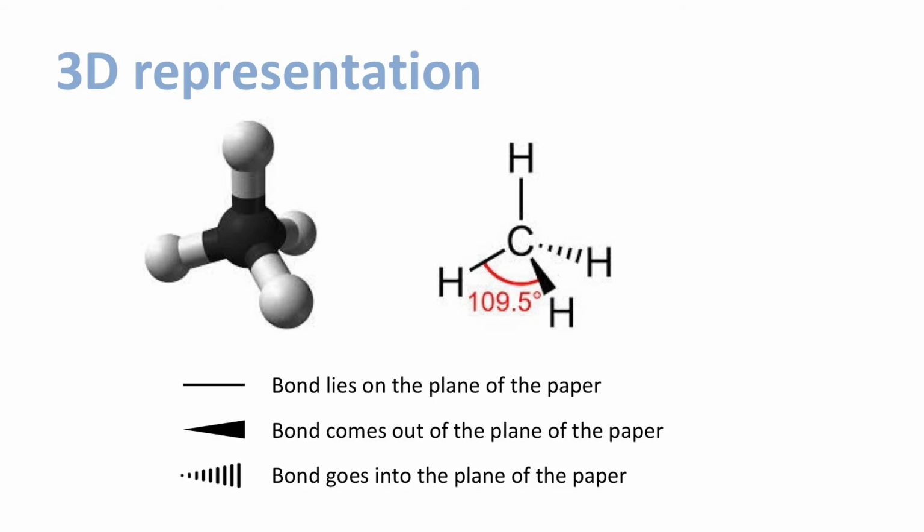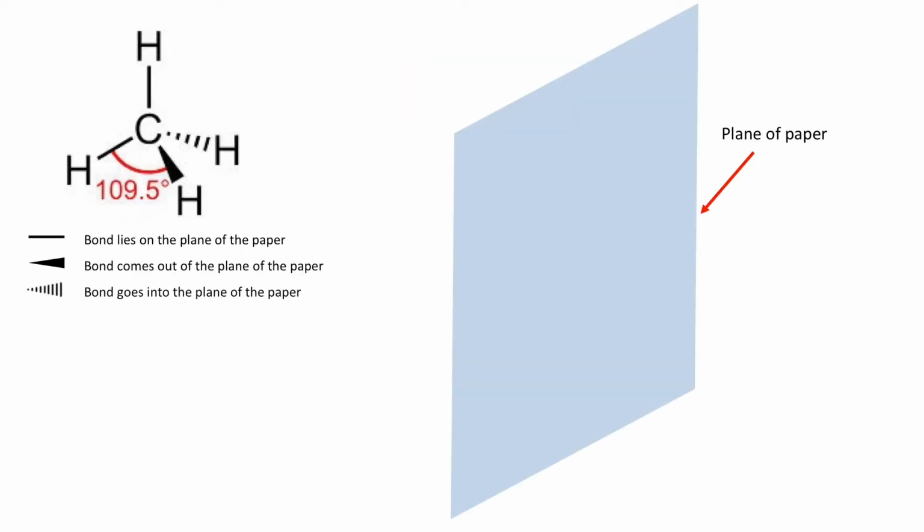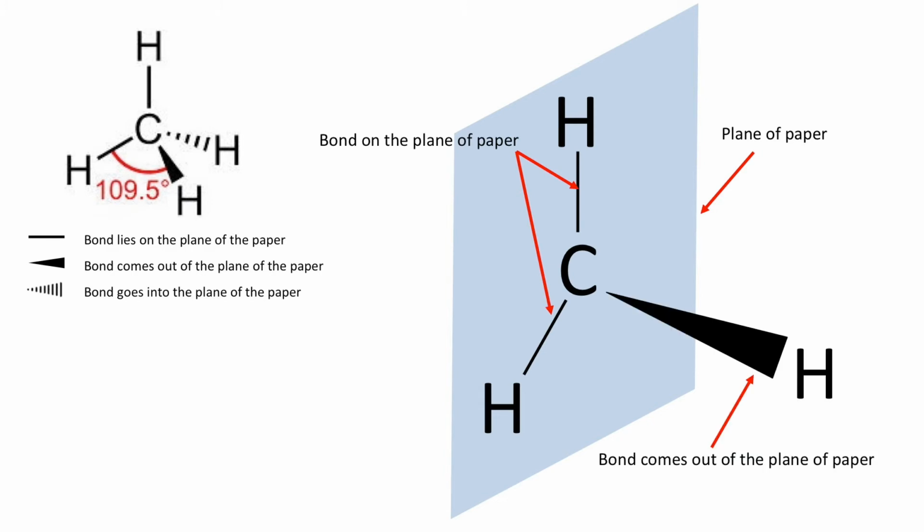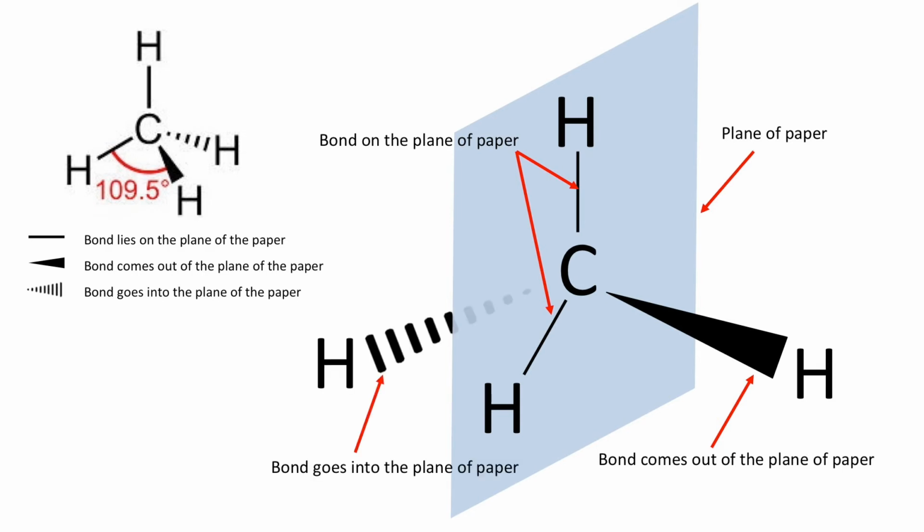Here we have introduced 2 new symbols. The first one is the solid triangle, illustrating the bond coming out from the plane of the paper. And the dotted one means the bond goes into the plane of the paper. Well, we have the plane of paper here. The 2 CH bonds lie on the plane of the paper. But the solid black one points out like this. And the dotted one is behind the plane, like this.